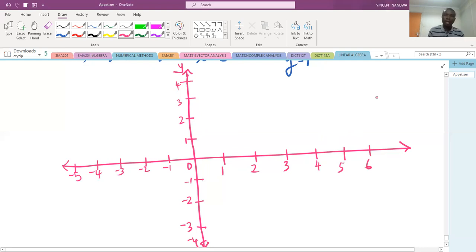So there are two equations, x minus y equals 1 and x plus y equals 3.